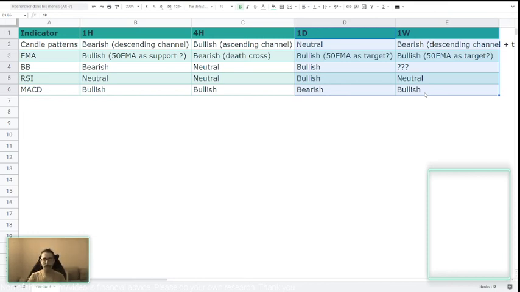I'm not aware of anything like that, so I'm pretty sure we are going to see a breakdown in the next days or in the next week. Maybe we're talking about September, mid-September, end of September. We'll see about that.